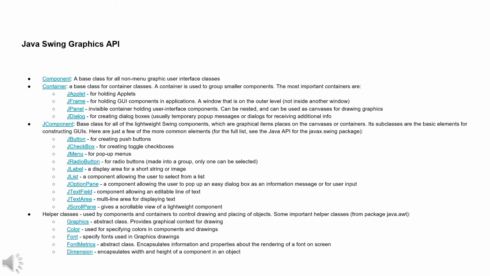We also have JComponent. JComponent is the base class for all of the lightweight Swing components, which are graphical items placed on the canvases or containers. Its subclasses are the basic elements for constructing GUIs.